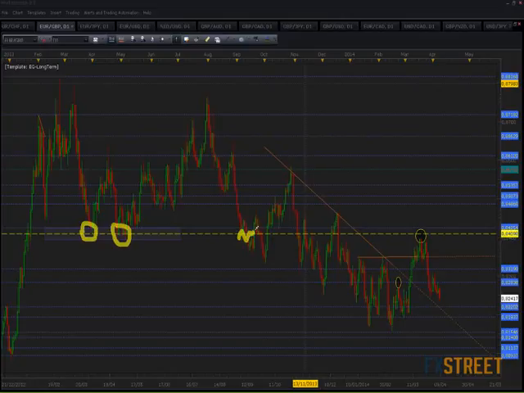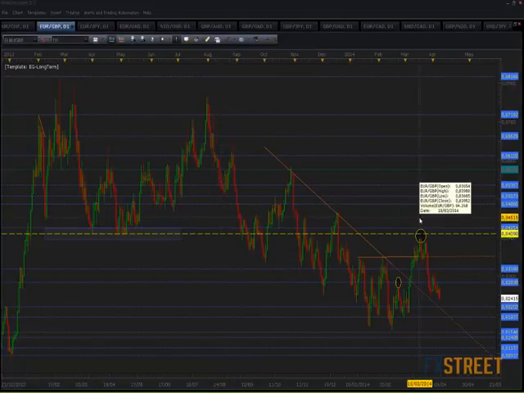A bit of noise here, not very clear. Price stops like 20, 30 pips below and never gets touched. If that high is 83.98, then yes, around 12 pips.